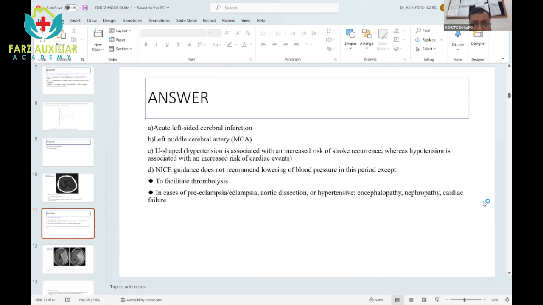NICE guidelines do not recommend lowering of blood pressure in this period except to facilitate thrombolysis, or in case of preeclampsia, eclampsia, aortic dissection, hypertensive encephalopathy, nephropathy, and cardiac failure. Okay. So they ask about the blood pressure cutoff when thrombolysing and when not planning thrombolysis.